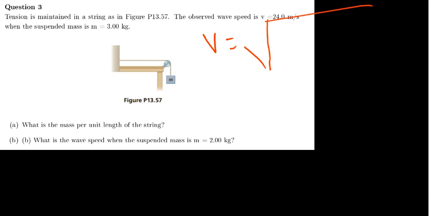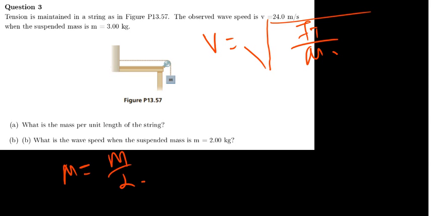We have been given the velocity. We also know the mass, and the tension force is going to be the weight of this block. So the tension force is going to be equal to mg. So F_T will be equal to 3 times 9.8.